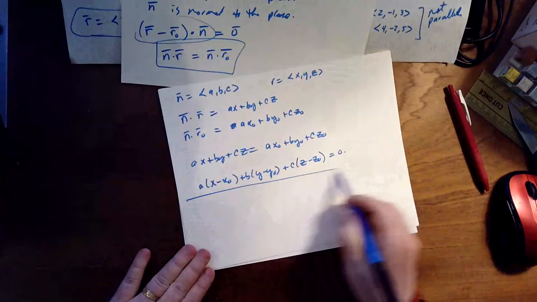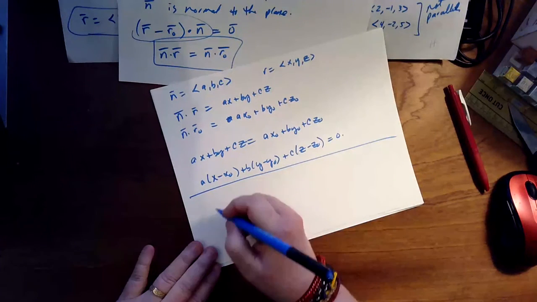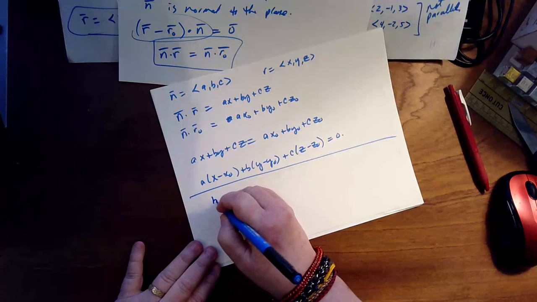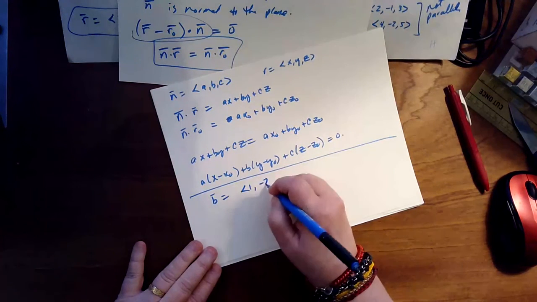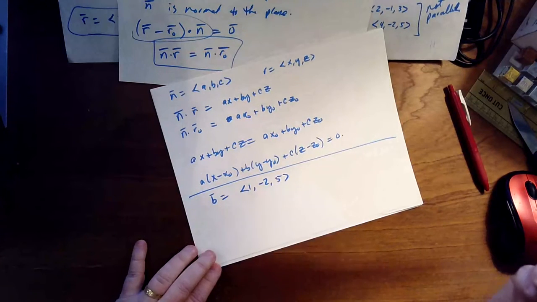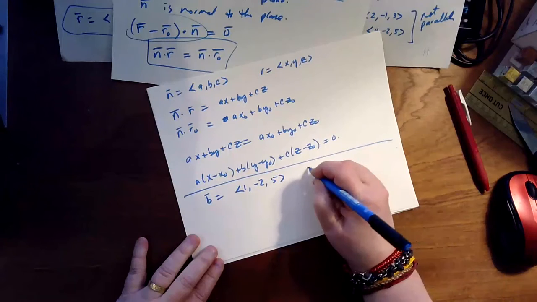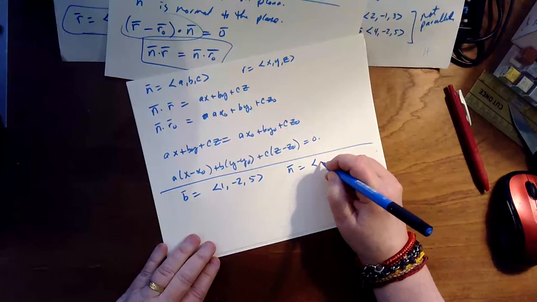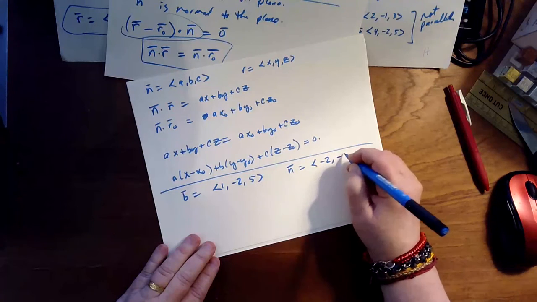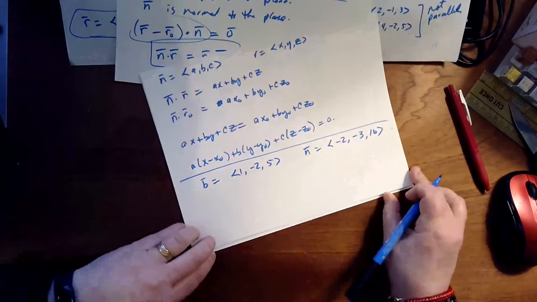I'm going to give you an example of this. Let's say I have a point on the plane, (1, -2, 5). And let's say I figured out a normal to the plane was (-2, -3, 16). We're not graphing this. Why not?